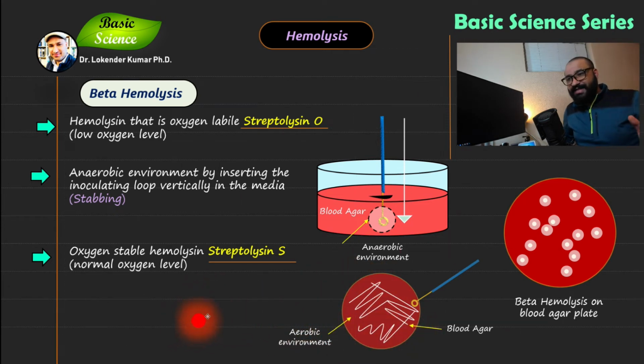If you are using a normal incubator and streaking the bacteria on the surface of the blood agar, the bacteria will grow under normal oxygen condition.